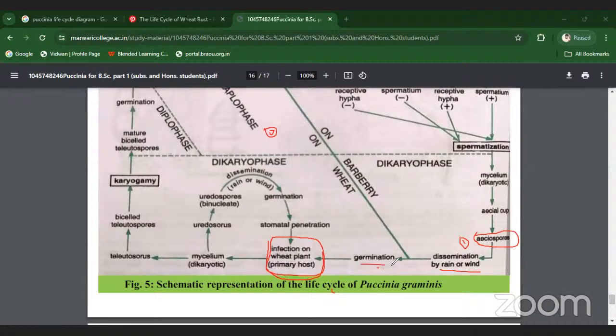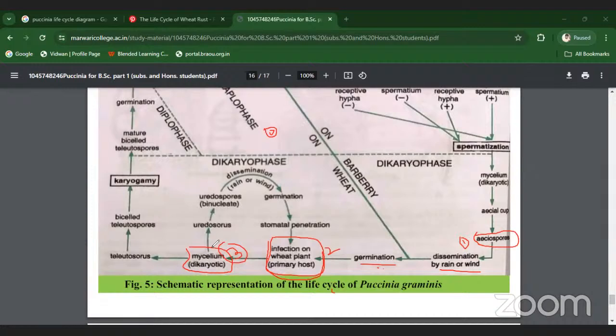After infection, germination takes place and forms the mycelium. Second, mycelium formed. Where is the mycelium now? In the primary host, wheat.